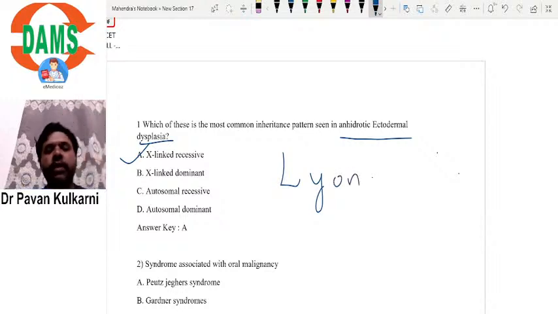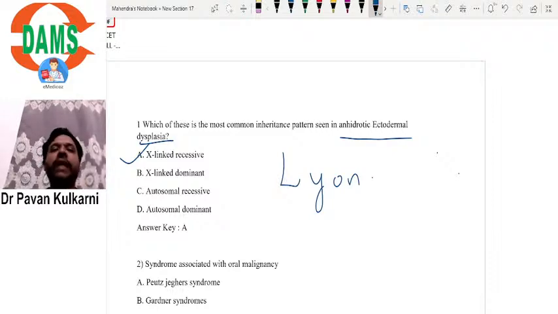According to Lyon's hypothesis, for any condition which is X-linked recessive, the females will basically be the carriers and the males will be the sufferers. They will be suffering from the disorder and females will be the carriers. Why?